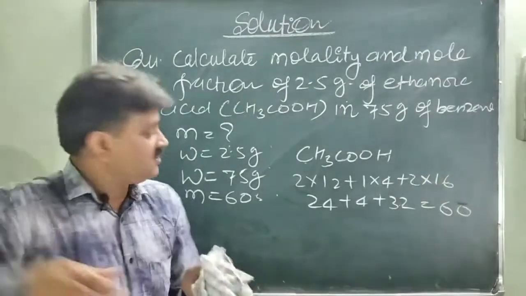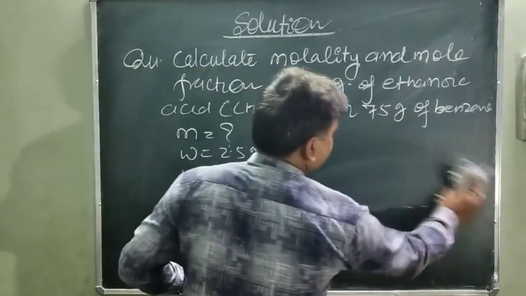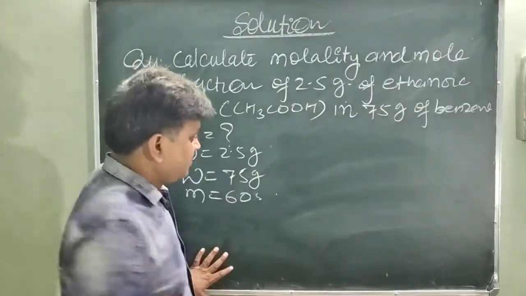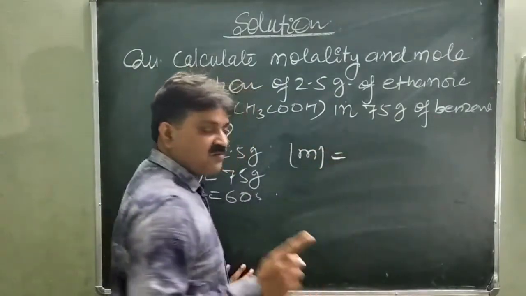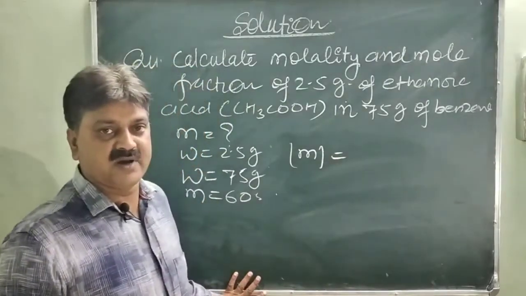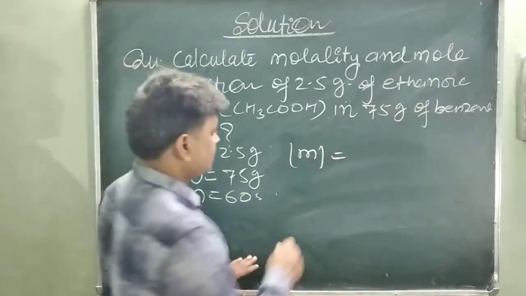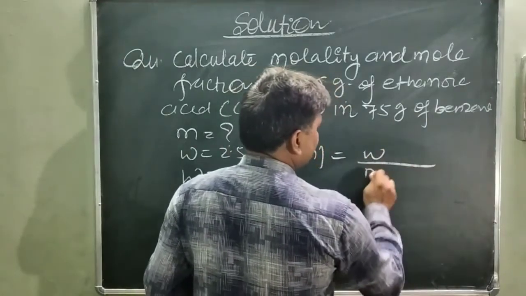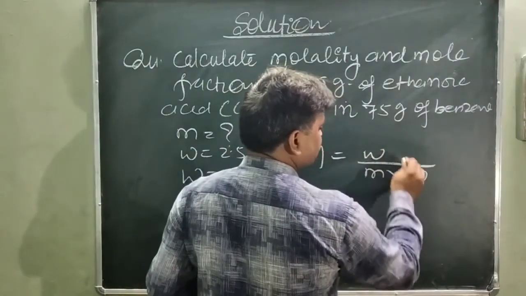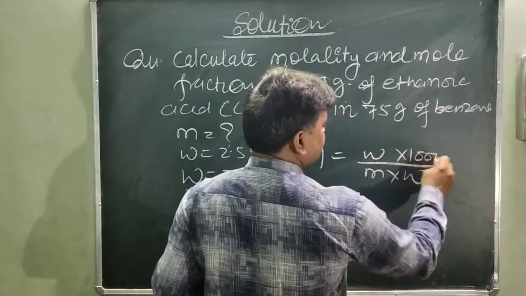So how do you calculate the molarity? You know the formula of molarity: small m is equal to the number of moles of solute dissolved per kg of solvent. So w by M is the number of moles, into 1000 upon capital W, the weight of solvent in grams.